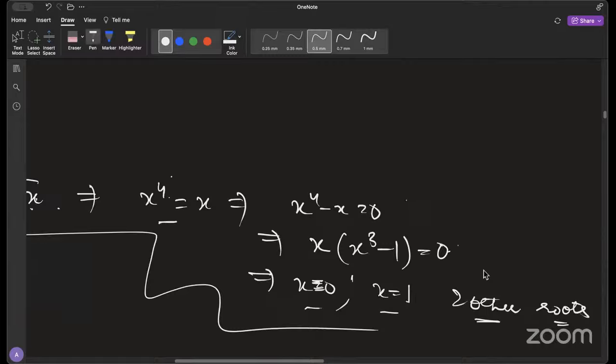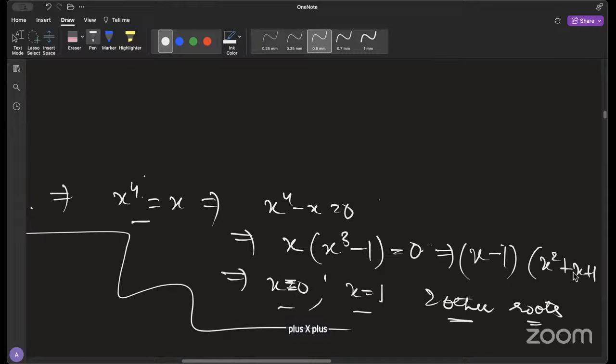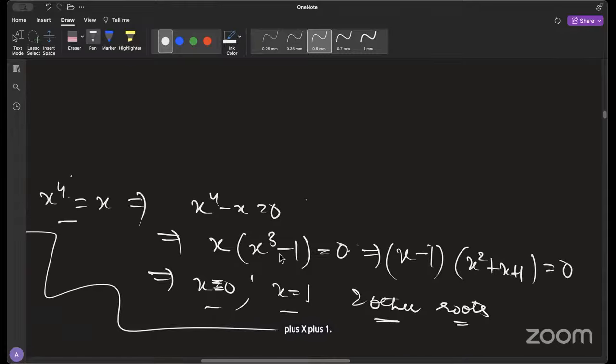Now, if you still want to find those other roots and check that they won't be real, so if you try to solve this, this will be, omega, this factor is gone, right? So it will be x. If you expand x cubed minus 1, it is (x minus 1) times (x squared plus x plus 1) equals 0.